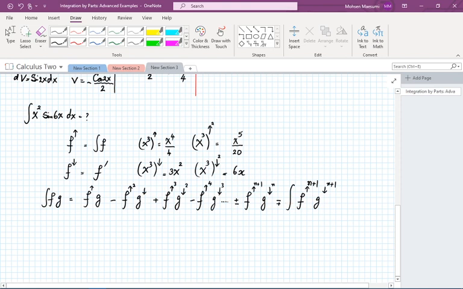At the very end, we still have one integral. One function is taken up to a certain level, the other one is taken down to the same number of levels, and the signs in front of these are alternating. So this is the same as the integration by parts formula. It's repeated over and over again.